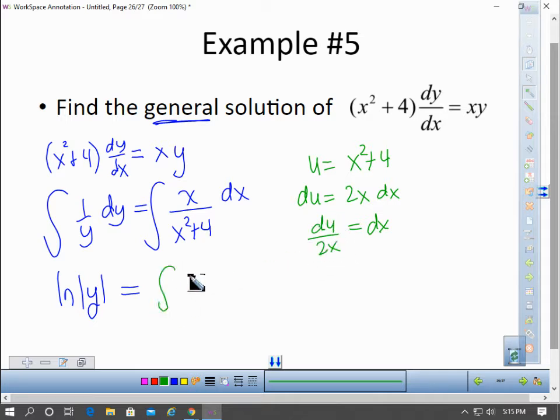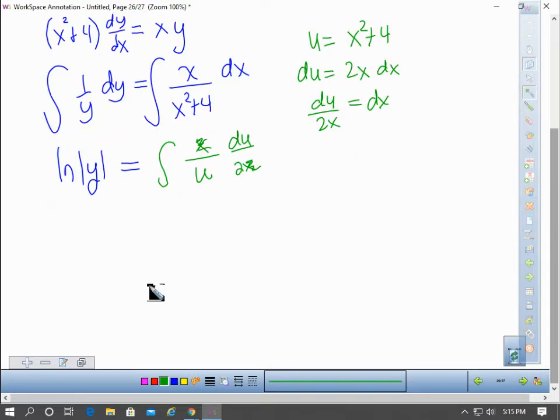And so now I'm going to come over here and trade out. So this will be x over u, and in place of dx, I'm having du over 2x, and the x's cancel. So I've got the fraction 1/2, I've got the function 1 over u, and then I've got the bookend du.